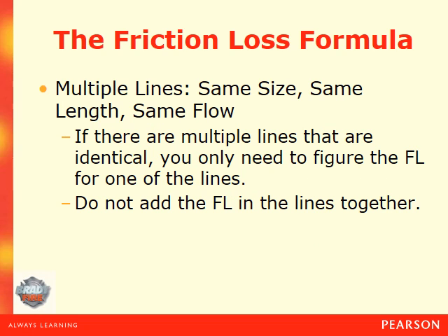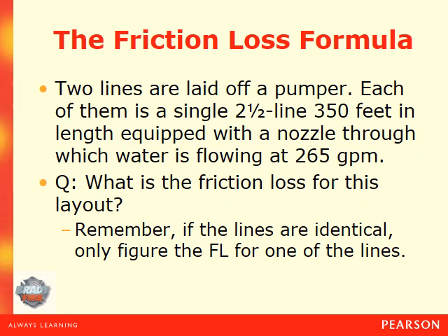So now let's look at multiple lines of the same size, same length, and same flow. If there are multiple lines that are identical, you only need to figure the friction loss for one of those lines. Do not add the friction loss in those lines together. So 2 lines are laid off a pumper.